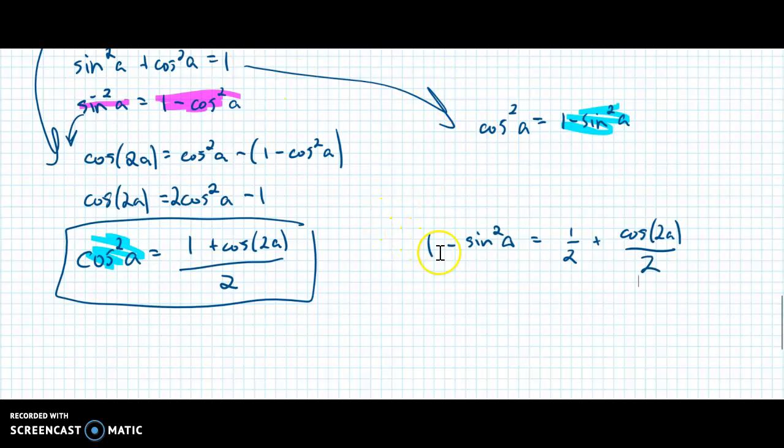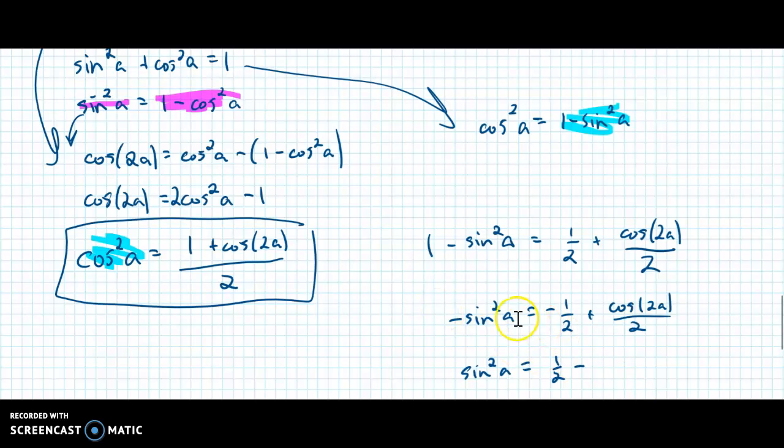The first thing I'm going to do is move the 1 over. That's going to make this a negative 1/2 because I'll subtract it. So minus sine squared A equals negative 1/2 plus cosine of 2A all over 2. And now, look, I can negate everything. And I get sine squared A is equal to 1/2 minus, right? Just divide by negative 1 everywhere.